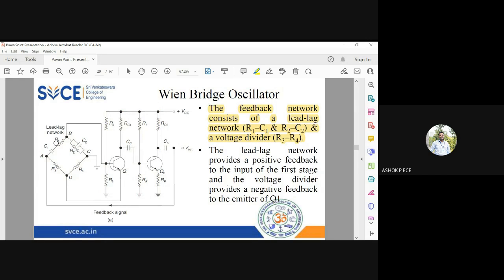R1, C1 is the lead network, and R2, C2 is your lag network. They are aided by the voltage dividers R3 and R4. Of the four arms of the bridge, two arms have pure resistance and two arms have resistance and capacitance in series or parallel. The output of the bridge is going to be the input to the base of transistor Q1.